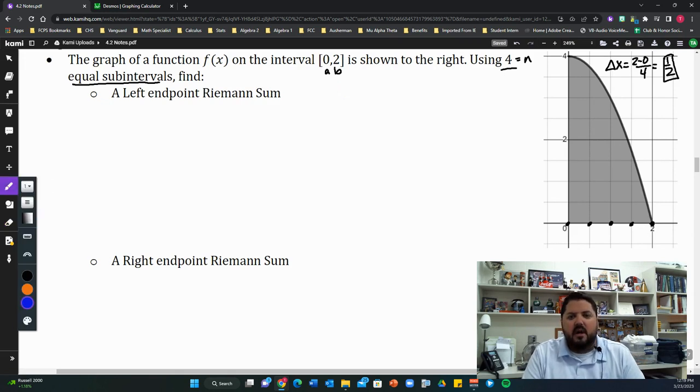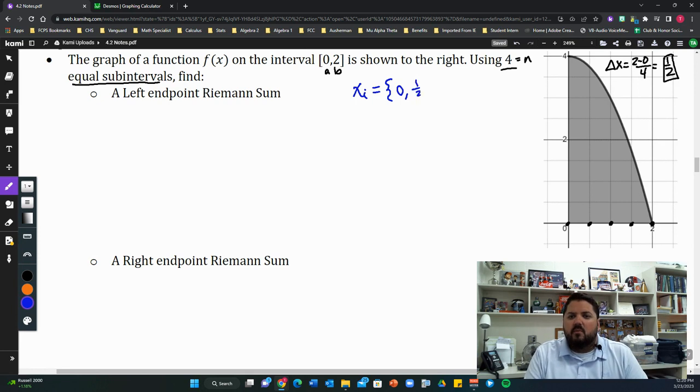So I'm going to label this as the set of all x sub i. Which one it is really depends on which endpoint, which rectangle we're looking at. But when I want to make a list, I just use these squiggly brackets to show that it's a set or a list of values. So again, one way to build this is to start with a, so that would be 0, and then we just add our delta x over and over and over again.